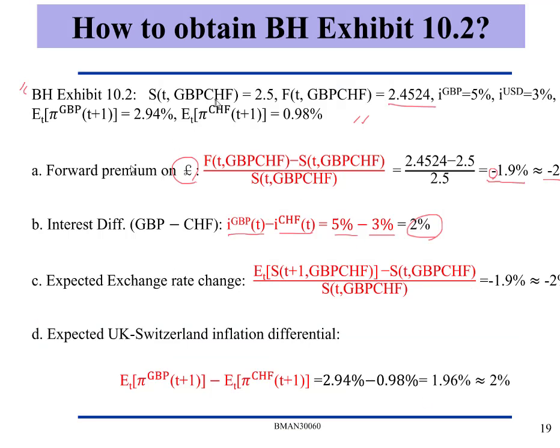And then what is the expected exchange rate change? So given GBP CHF, we can compute changes in exchange rate in this way: new minus old divided by old. Now when we compute appreciation or depreciation of pound, we have to put pound in the denominator. So we're going to use S at t+1 GBP CHF minus S GBP CHF at time t, divided by S GBP CHF at time t.